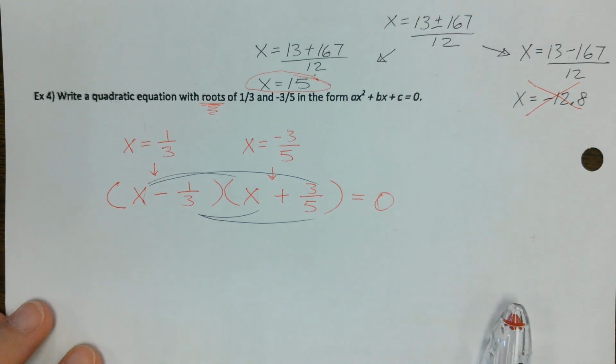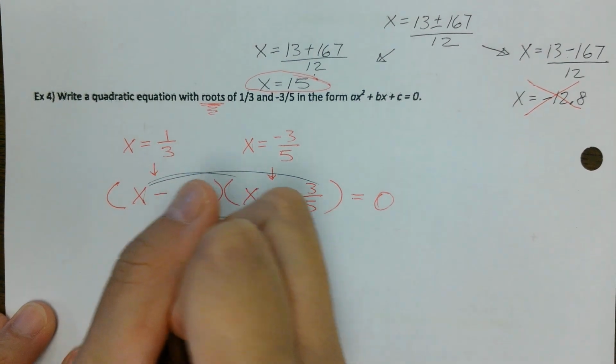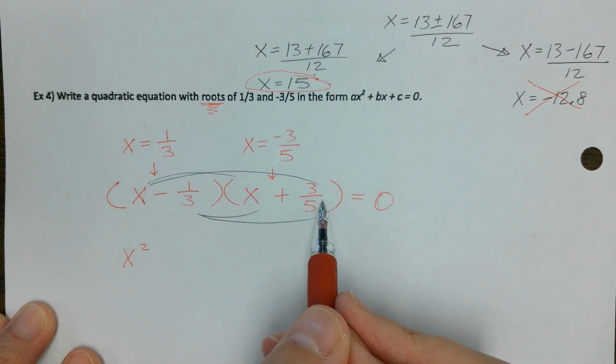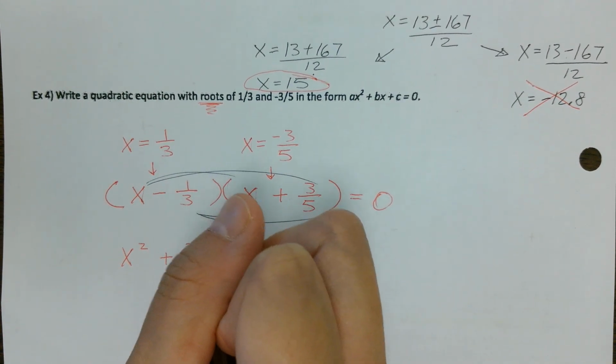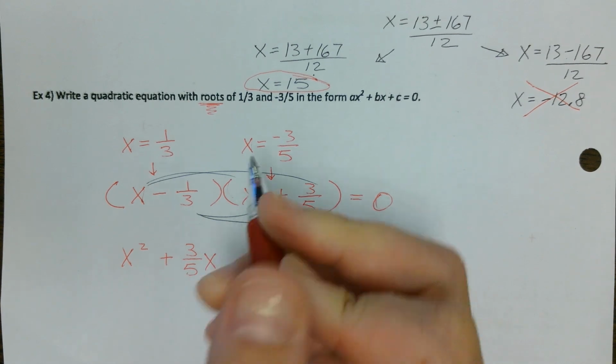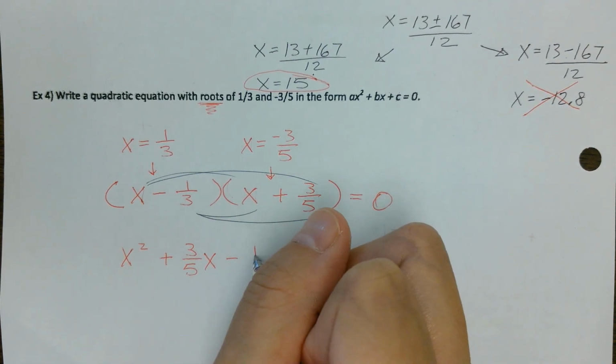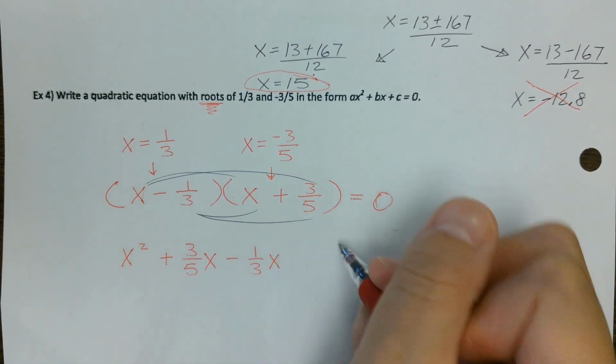Multiply, multiply, multiply, multiply. So x squared, x times 3 over 5x is 3 over 5x. And then I have negative 1 over 3x.